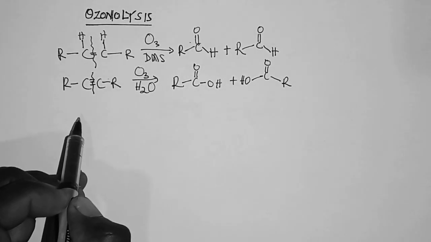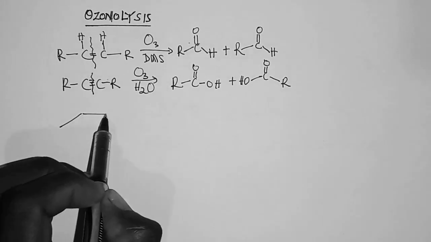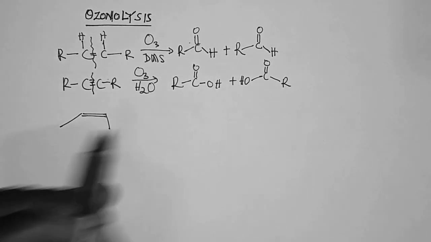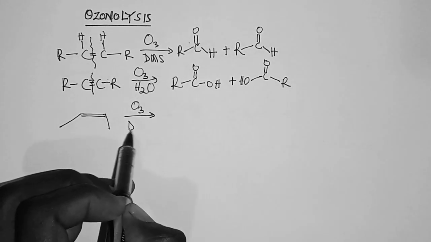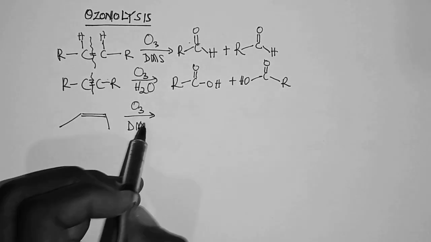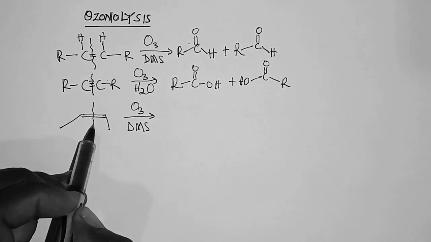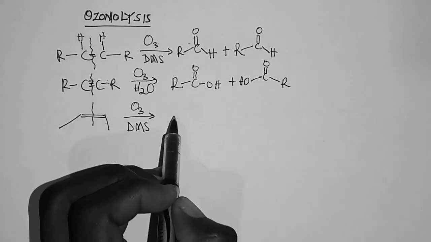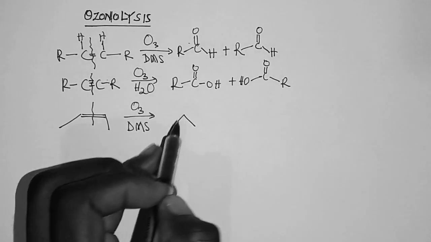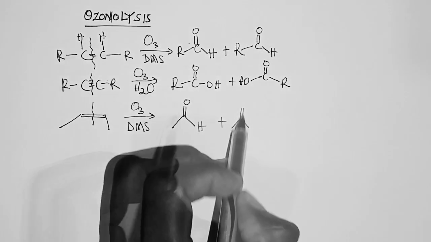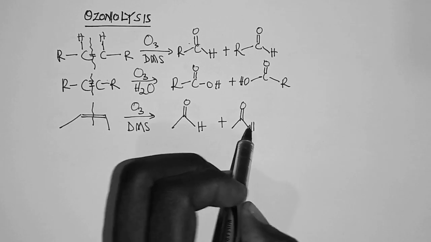So for example, if we consider this molecule and then we put in ozone in dimethyl sulfide, then this place is going to cleave to give us these.